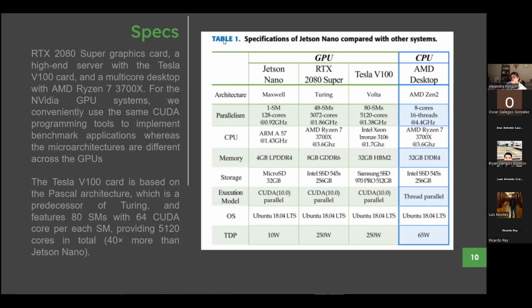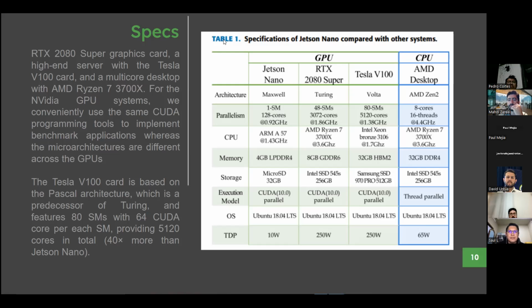So this type of new technology is why maybe Tesla B100 is better in terms of performance. But in my personal opinion, Jetson Nano is really nice for this type of workload, as David mentioned, such as artificial intelligence.